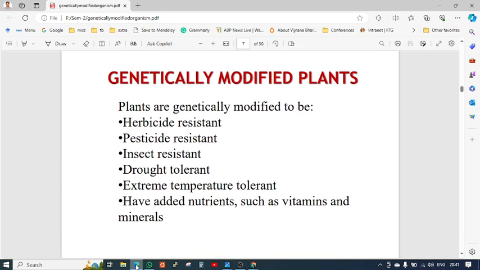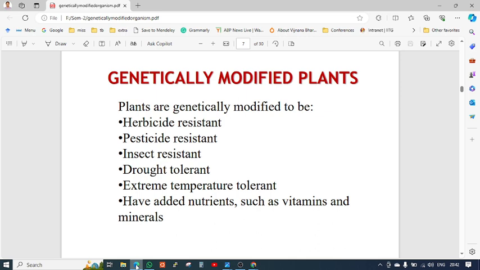Genetically modified plants are generally modified for herbicide resistance, pesticide resistance, insect resistance, drought tolerance, extreme temperature tolerance, and added nutrients such as vitamins and minerals. In order to achieve these good properties, we genetically modify plants.